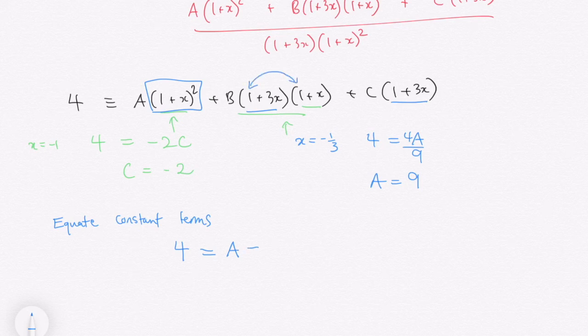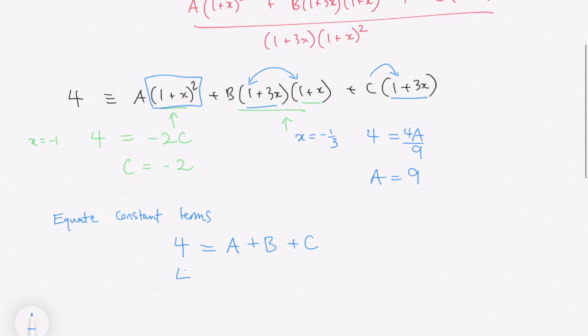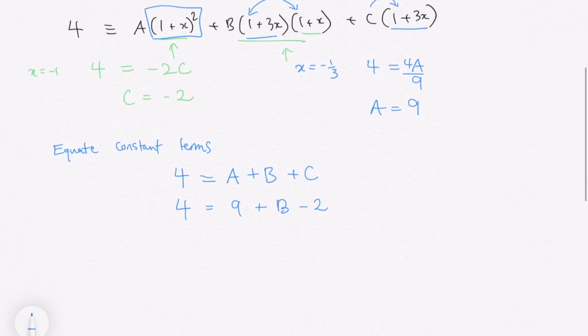That's going to be multiplied by B, so it's going to be positive B. And the constant term here is C times 1, so C. But we know the values of A and C, so we get 4 is equal to 9 plus B minus 2. And therefore we get that B is equal to negative 3.